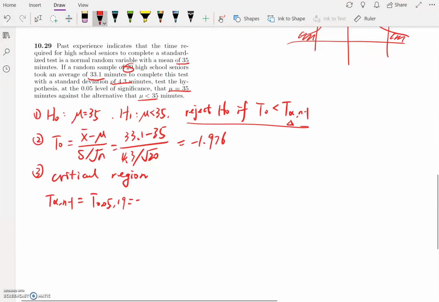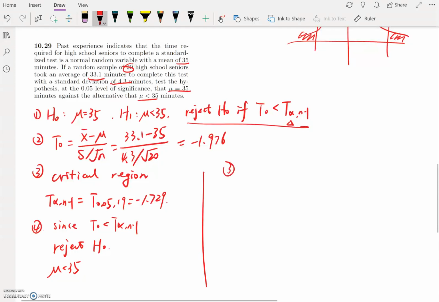This equals minus 1.729. So we can make a conclusion that since T0 is less than the critical value, we reject H0. So mu is less than 35.